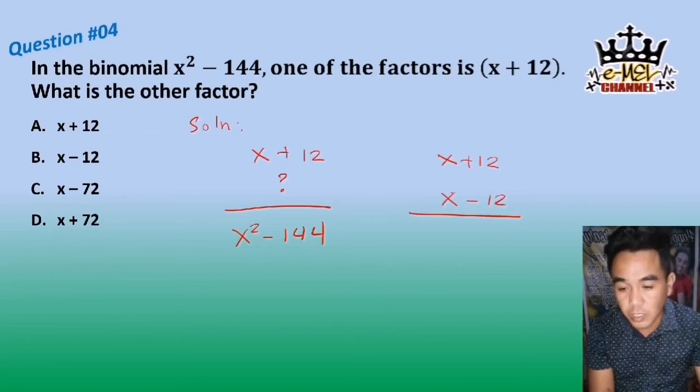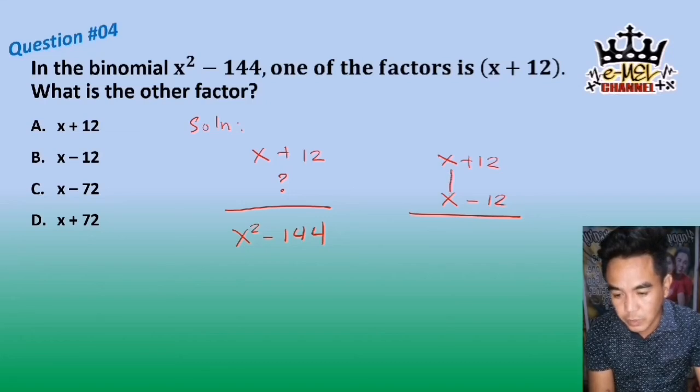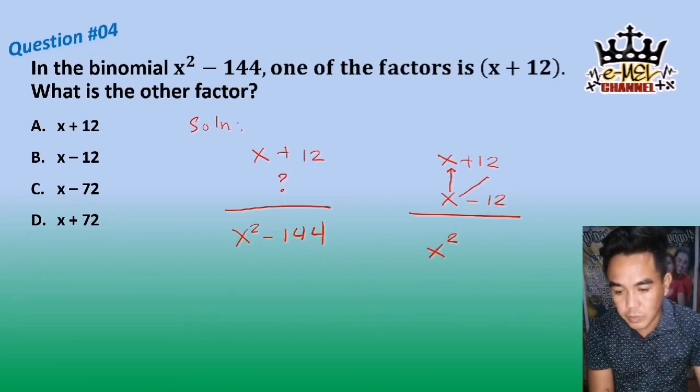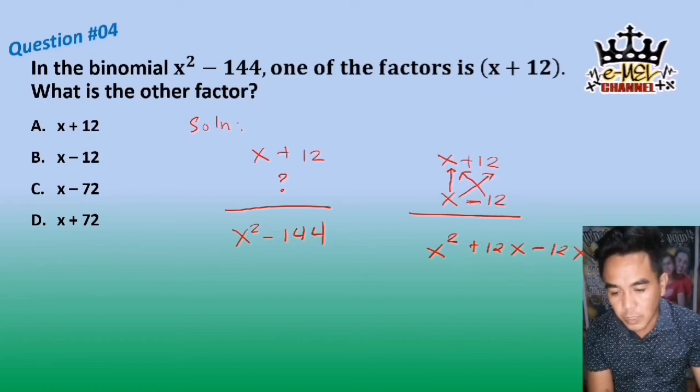Okay. Commonly, we're going to multiply the first term to the first term of the multiplicand and multiplier. So that makes it x squared. X times 12 becomes 12x because that is positive. Negative 12 times x becomes negative 12x, and negative 12 times positive 12 becomes negative 144.